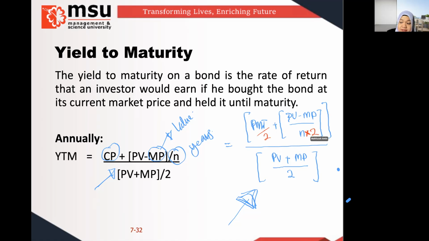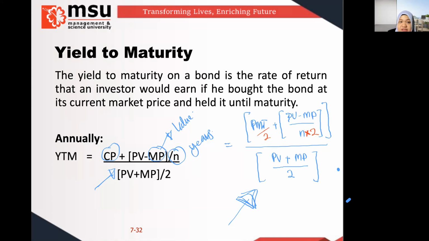Okay, because n is referring to how many times of the payment. So if it is once in a year, basically it refers to how many years. If it is semi-annually, it means that there are 2 times payment in a year. So if there are 5 years, for semi-annually there will be 10 times payment.